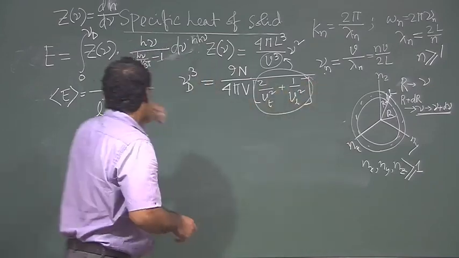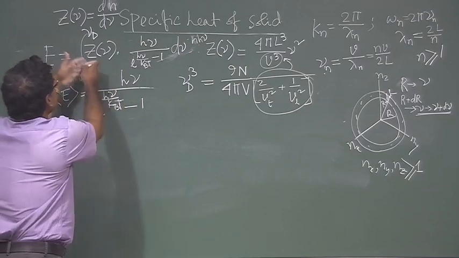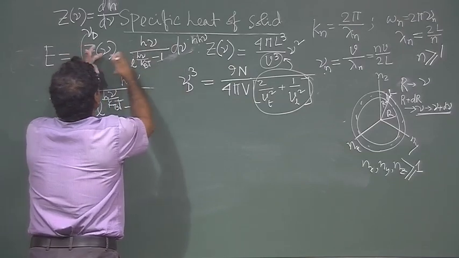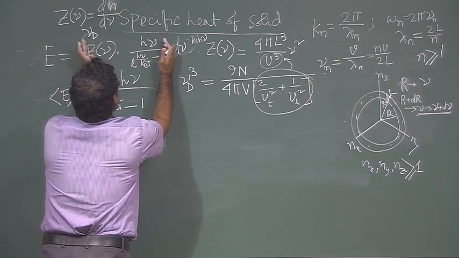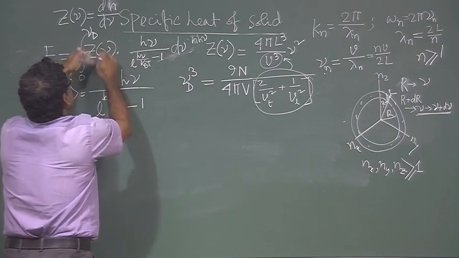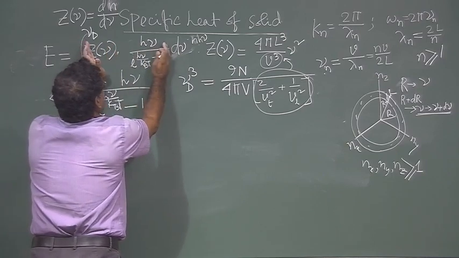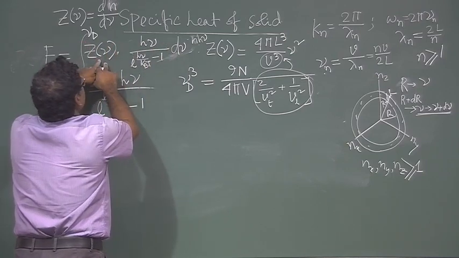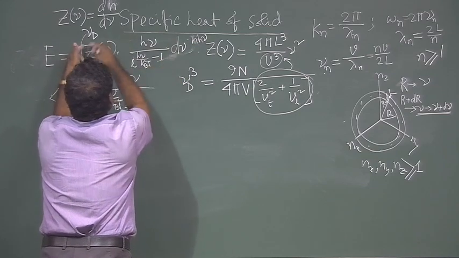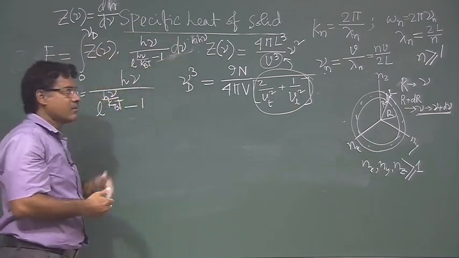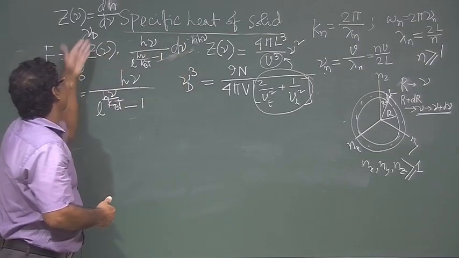Okay. So, now this is the energy for this many modes, right. Now, for d nu, that will be the energy if nu varies from 0 to this.